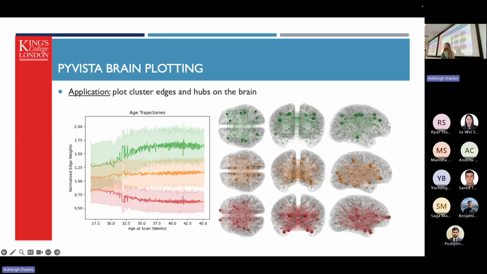For instance, here, you can see from the green window that some are starting much lower and increasing more. Then what I've done to contextualize where that is on the brain is I've isolated which edges this was talking about in my connectome. And then I've plotted those edges on the brain using PyVista. So the key hubs are shown using the nodes, and then I've got the full connectivity of edges in between.